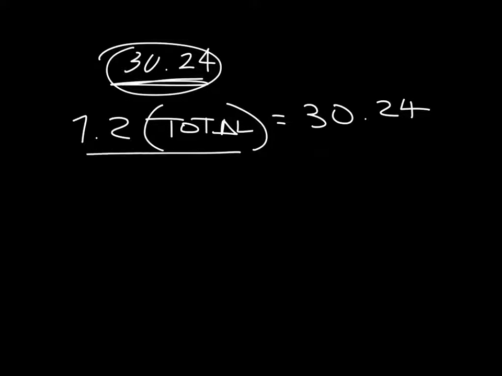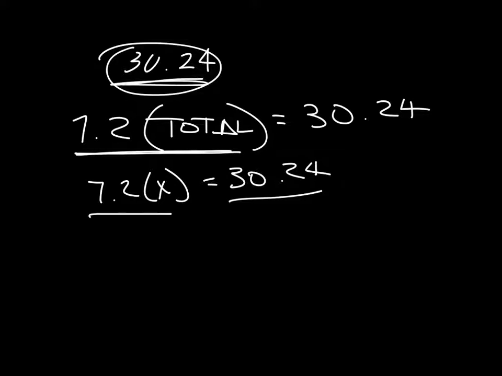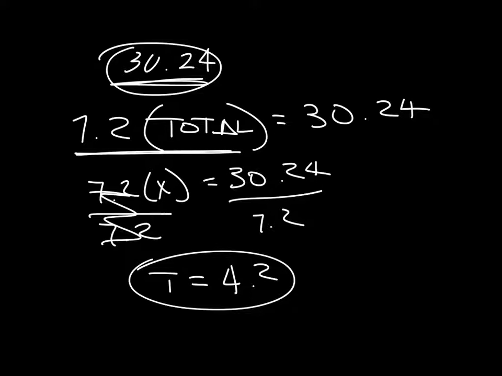That was 7.2 times the total. What was the total? So 7.2 times our total x. Divide by 7.2 to get rid of that, and we get that our x, or our total, is 4.2. That's the answer. And if we multiply it by 7.2, we should get that number back.